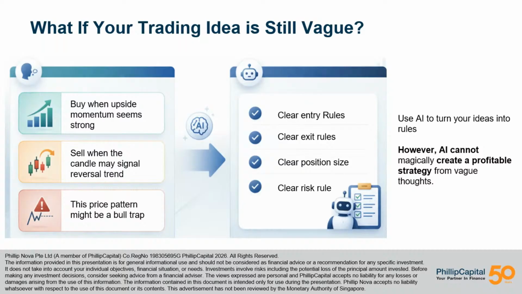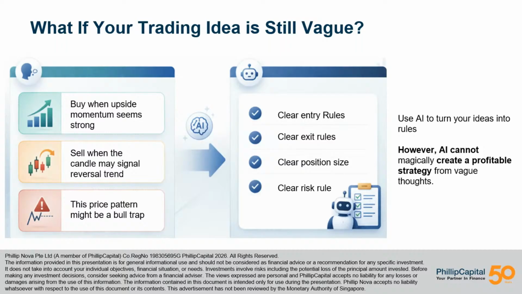Or I can sell because the candle tells me there's a sell signal. Or I may not sell because a price pattern tells me that there's a bear trap, or I may not buy because I think there's a bull trap. So sometimes we may have a more abstract idea about trading signals, and we find it difficult to standardize them into exact rules.